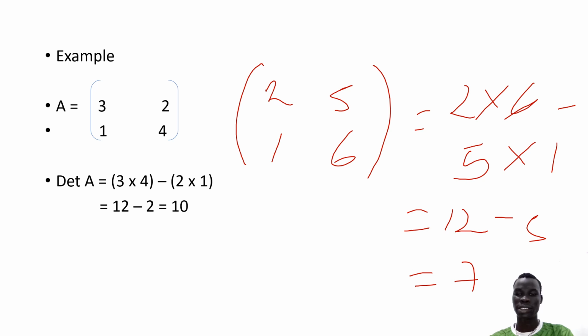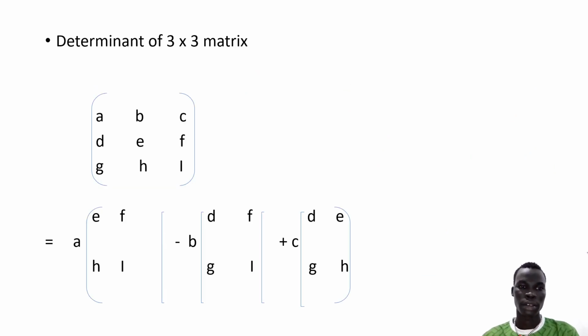The next is we shall find out how to find the determinant of the 3 by 3 matrix. On the 3 by 3 matrix, we have 3 rows and 3 columns.